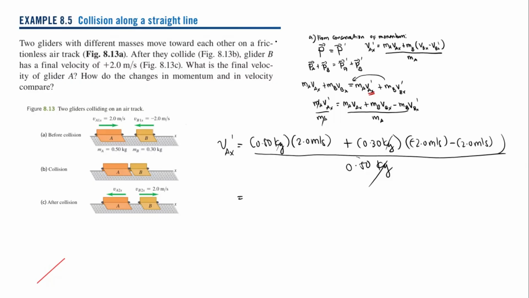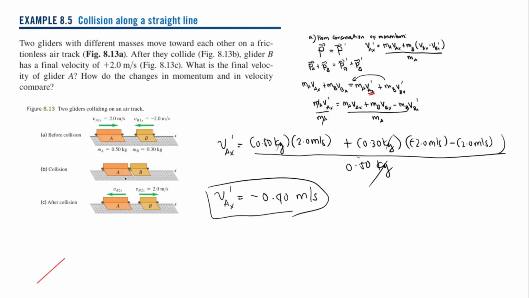It's consistent with our book. So we have negative 0.40 meters per second in three significant figures. This is the final velocity along x, or in our book, VA2x.